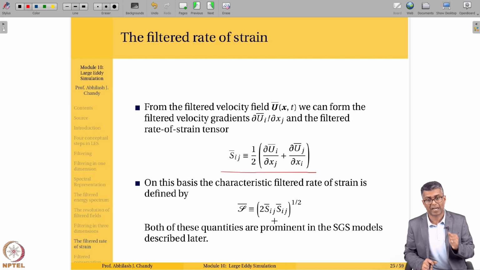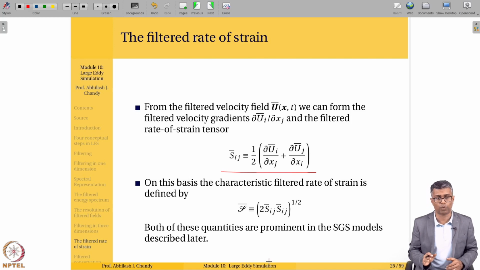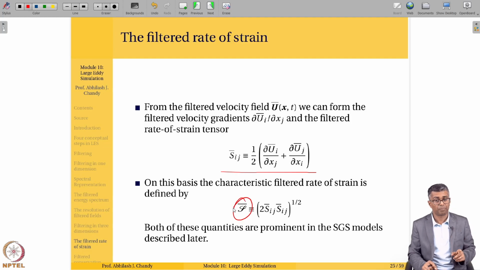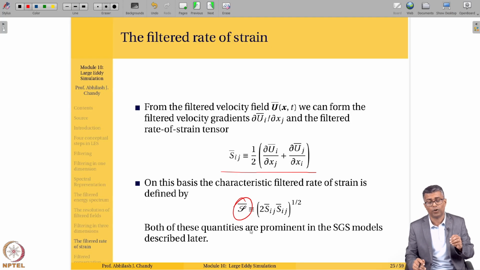This is the magnitude of the rate of strain tensor. Remember, the rate of strain is a tensor, Sij, and here it is the filtered rate of strain, Sij bar. Both of these are going to be useful and prominent in the derivation of subgrid scale models coming up later.